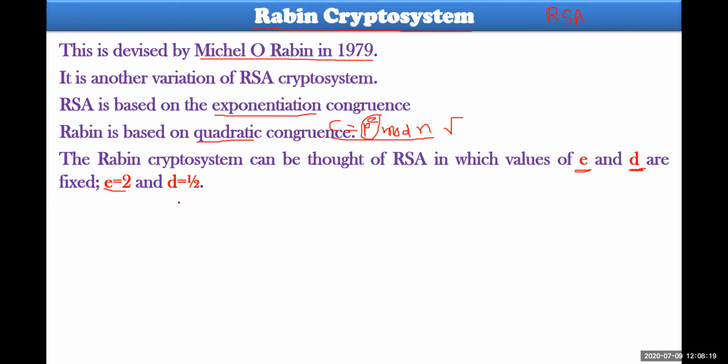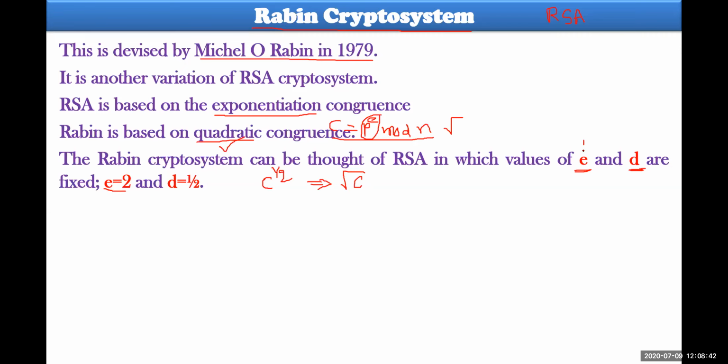And the second one, in decryption, is the square root of the ciphertext, that is, C power 1 by 2, also written as the square root of C. That is why it is a quadratic congruence. So these two are fixed.